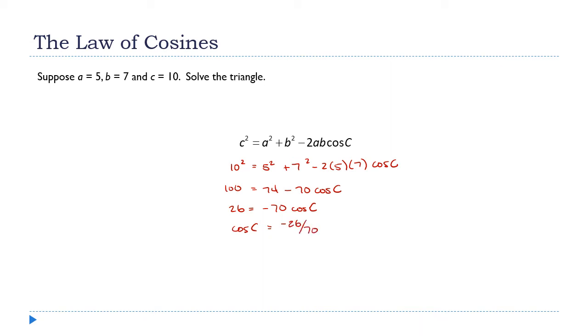Take the inverse cosine of both sides. C equals 111.804 degrees. Right? There's my first angle.